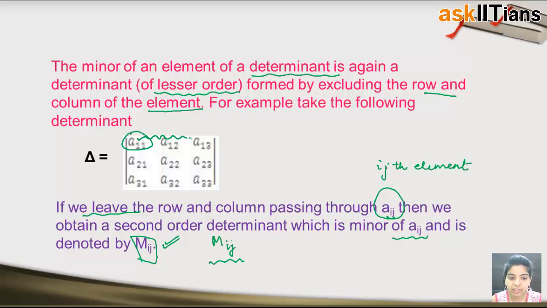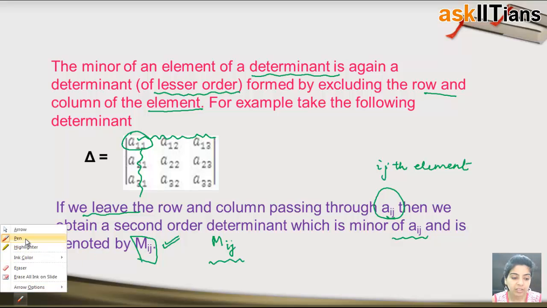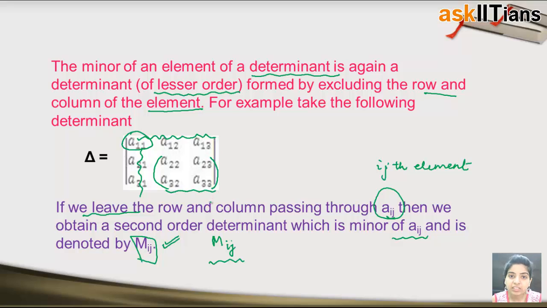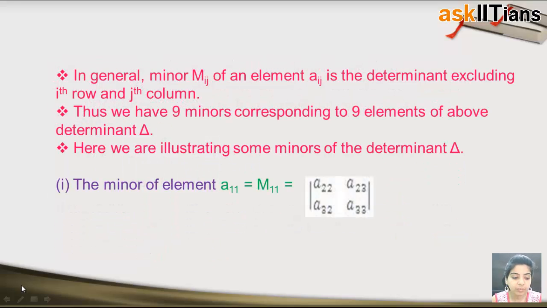For your understanding, you just need to cancel the row and the column which intersect at that particular element, and the determinant of the remaining part is known as the minor of a11. Things will be clearer, just wait.